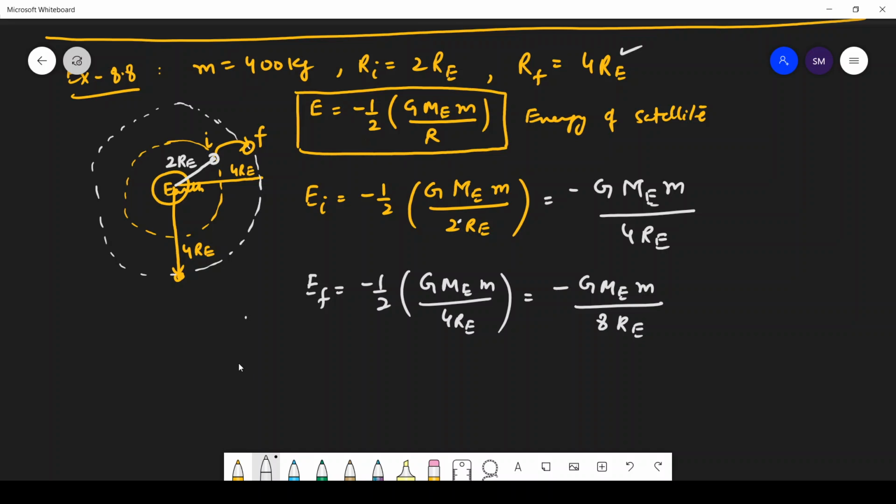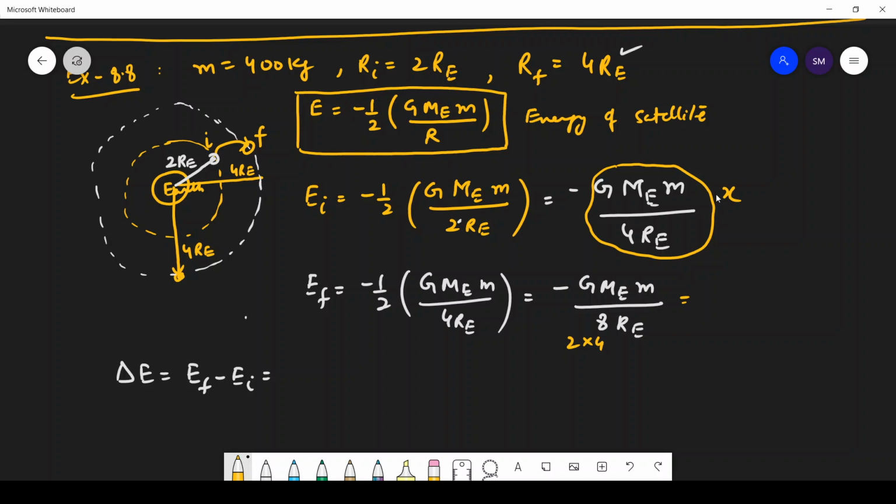Okay, so what is the change in energy? Change in energy is always final minus initial. Okay, so here again students, you can see the same thing. If you assume this value as x, what will this be? This 8 is actually 2 multiplied by 4, right? This is minus x by 2. Yes, very good.